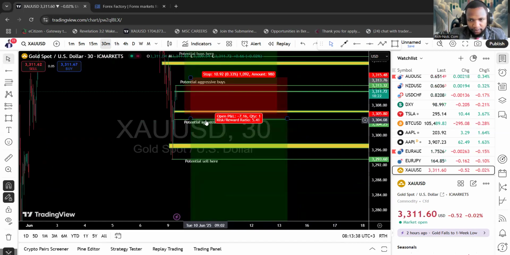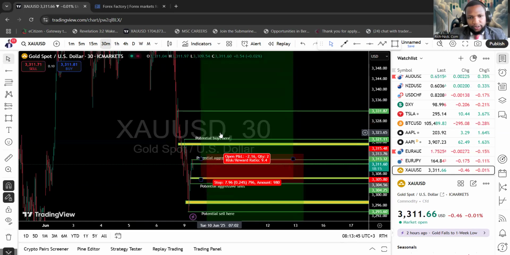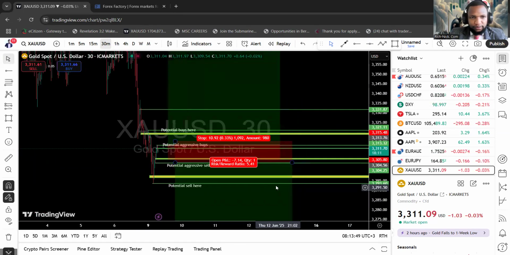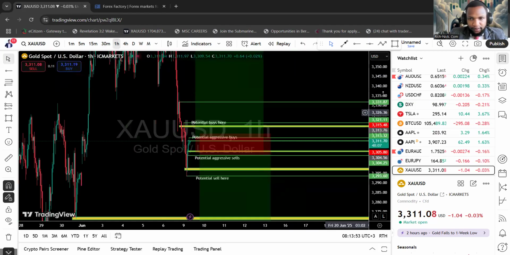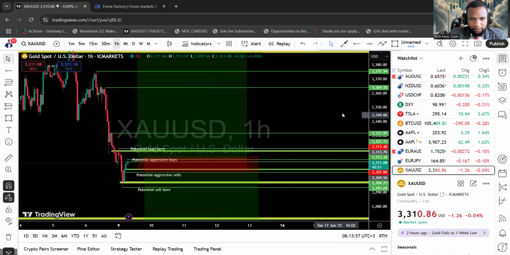It's quite small. Over here, again 7 pips. So you could take the potential buys and sells over here. But again, if you're a scalper or someone that doesn't really mind taking small orders, you can always go for that.